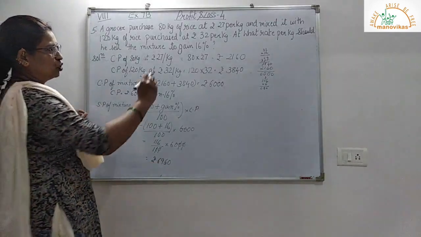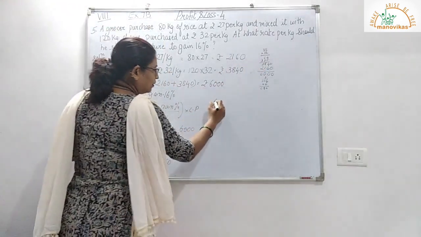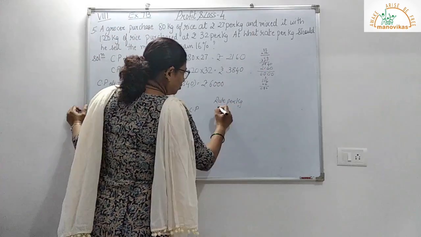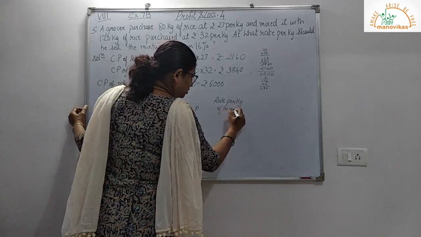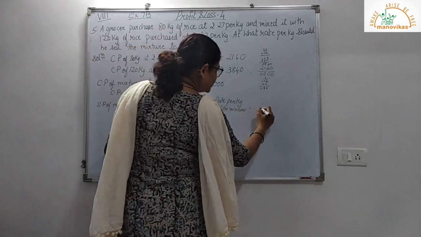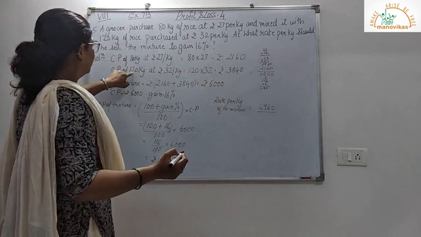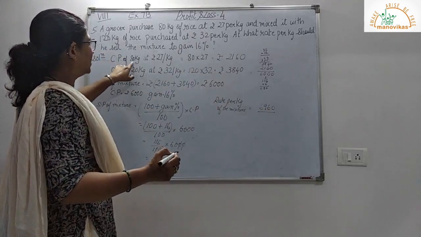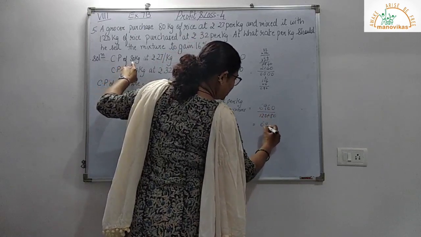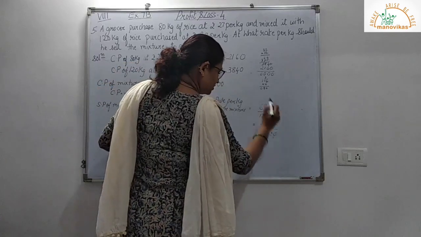Now this is the selling price of the mixture, total mixture. So they have asked us to find the rate per kg. Okay, so now the rate per kg of the mixture will be the amount, that is 6960 divided by the total kgs, that is 120 plus 80. So 120 plus 80, we get it as 6960 divided by 200. So this will get cancelled over here.